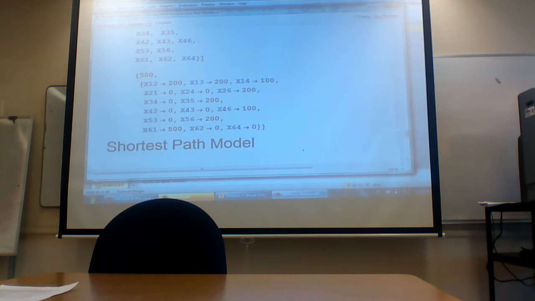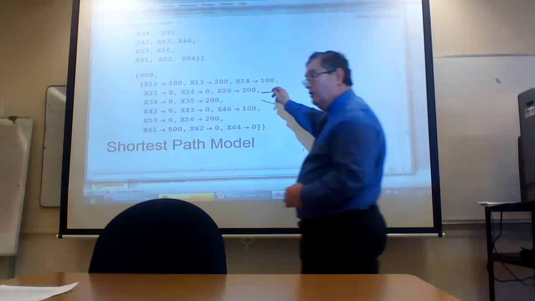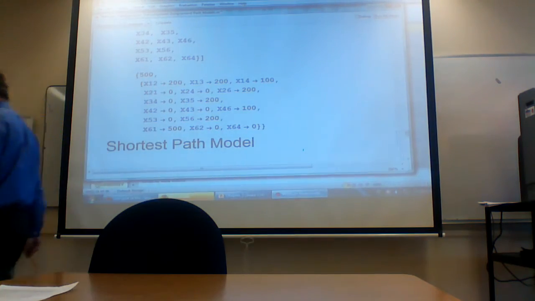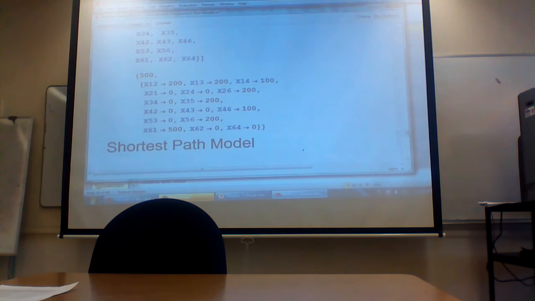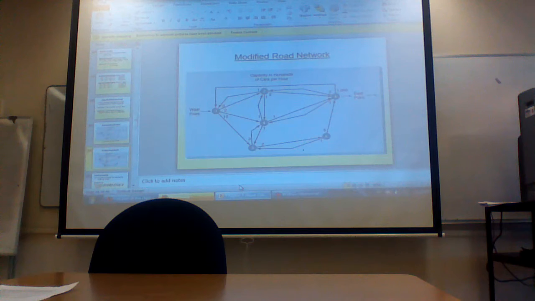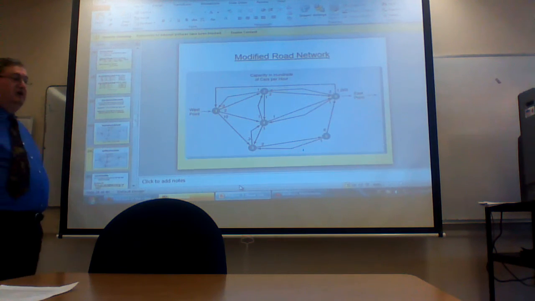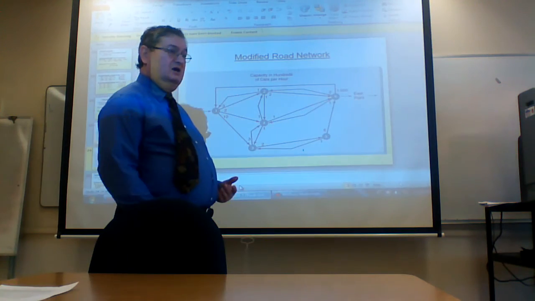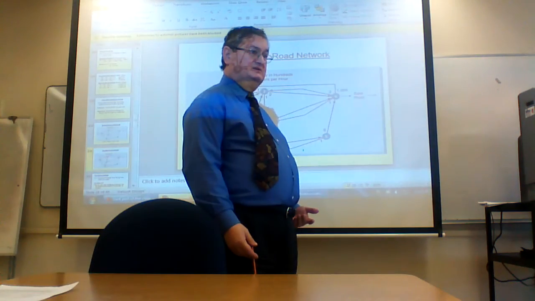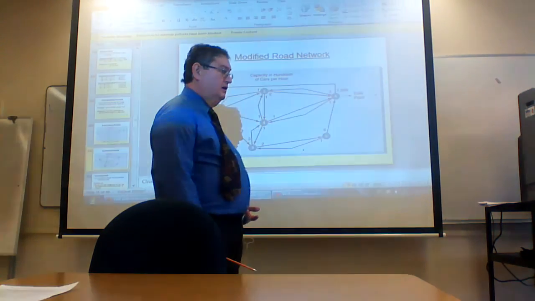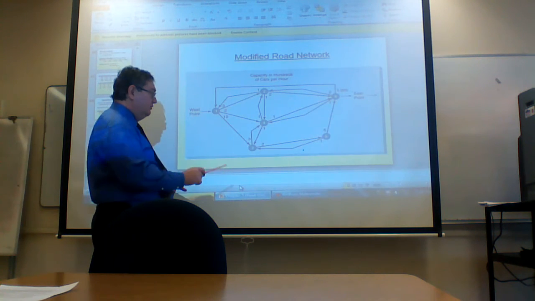What I want you then to calculate is, if this is the flow that you have, and this is the capacity that you have in the roads, I want to find out how much of that capacity you utilized. Because I will explain it right now.